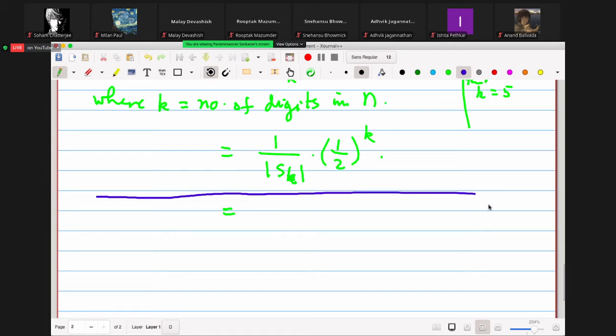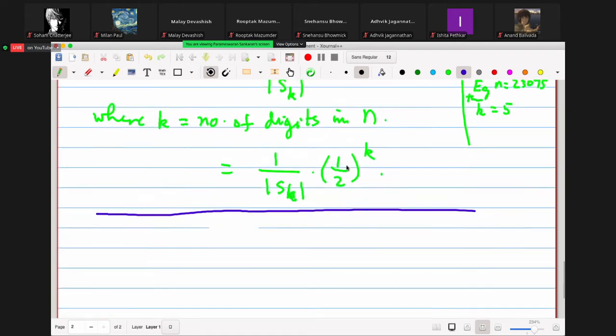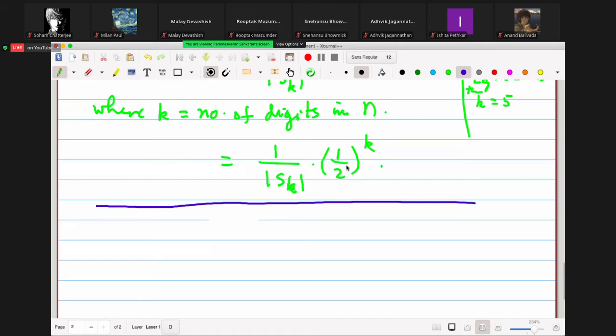Sir, by k digit, it is always meant that the first digit is non-zero, right? Yes, of course. So you just write a positive integer.